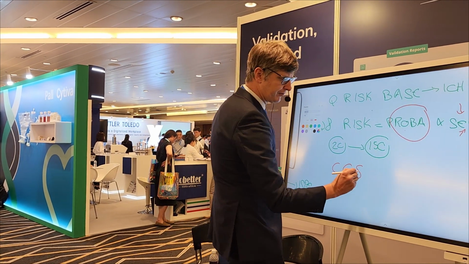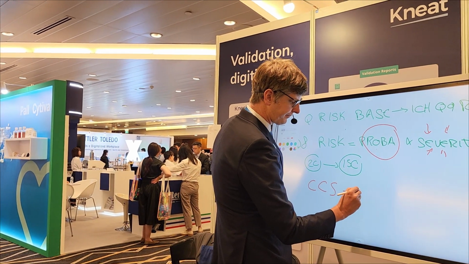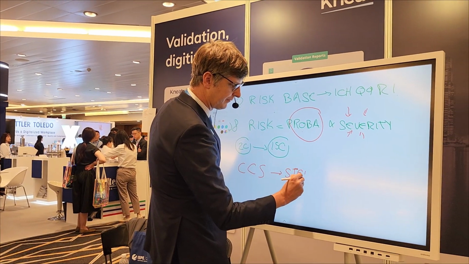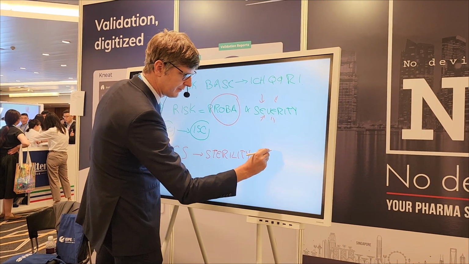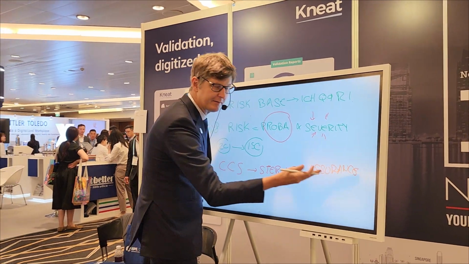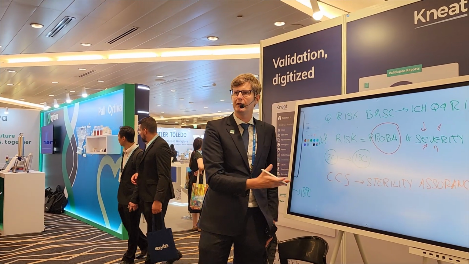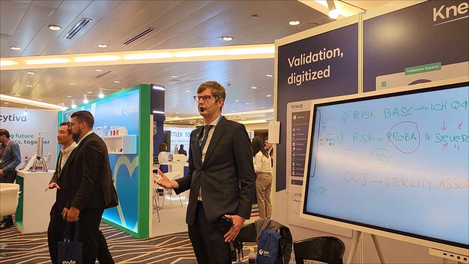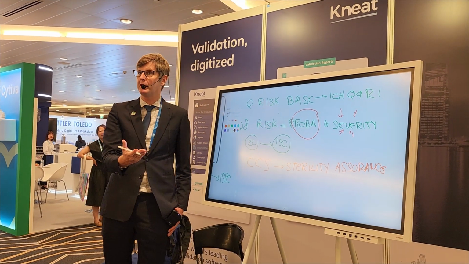The contamination control strategy is a new term, but in sterile products, it is simply your sterility assurance. And a lot of people get scared when they hear contamination control strategy, but a lot of companies already have a sterility assurance program in place, right?